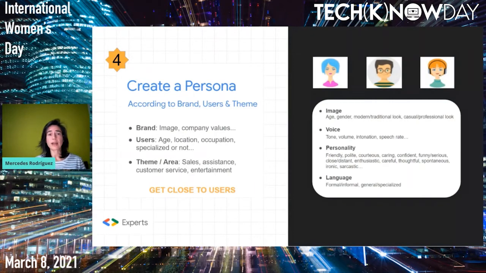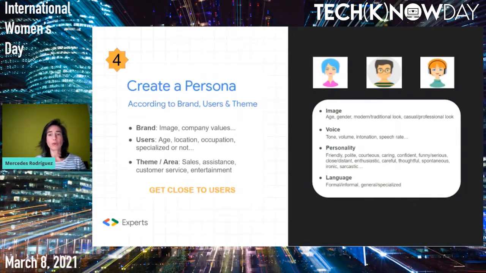So for this character, we have to design an image. It's going to have an age and a gender, or maybe without gender, like just a robot or whatever. We have to choose if it's going to have a modern look or a more traditional one, or a casual or professional one.